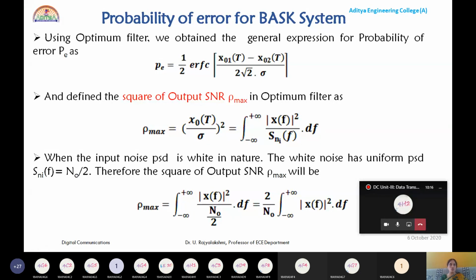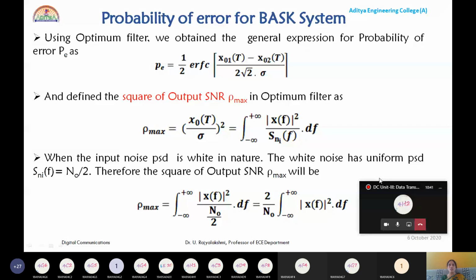If you observe binary ASK, in order to calculate the probability of error, you should know the two levels of binary ASK. If that is known to you, you can easily calculate the probability of error for the BASK system. So what are the two levels of binary ASK?